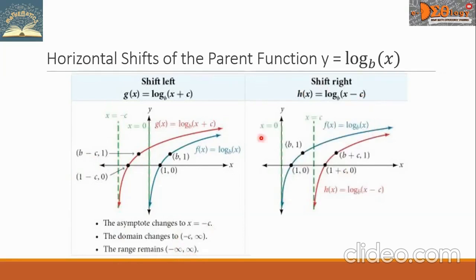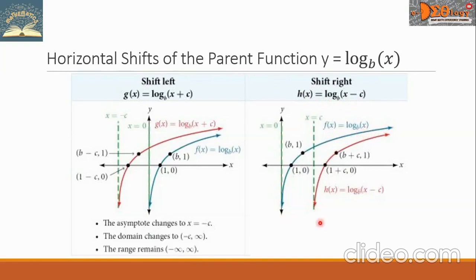Here now is the graph of h of x equals log of x minus c to base b. You can see here two graphs also. This graph in blue is the graph of the parent function f of x equals log of x to base b.